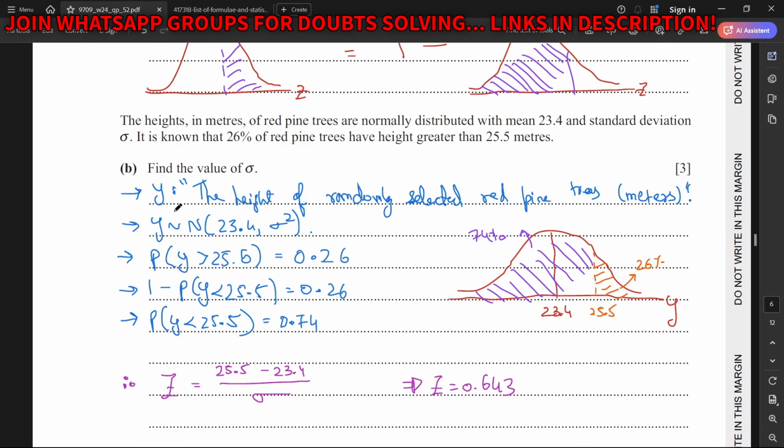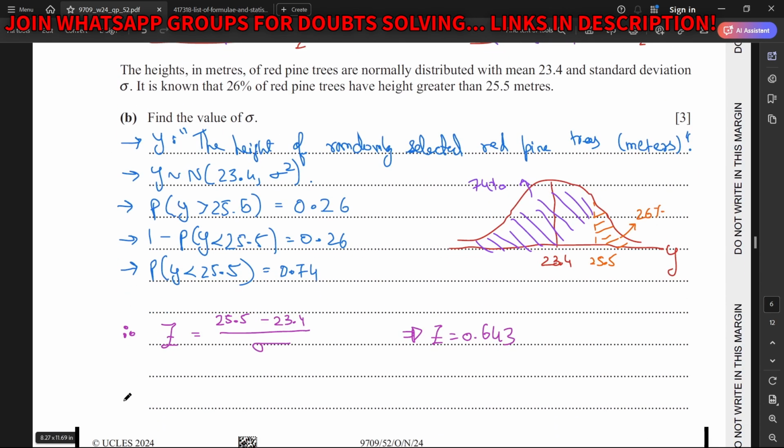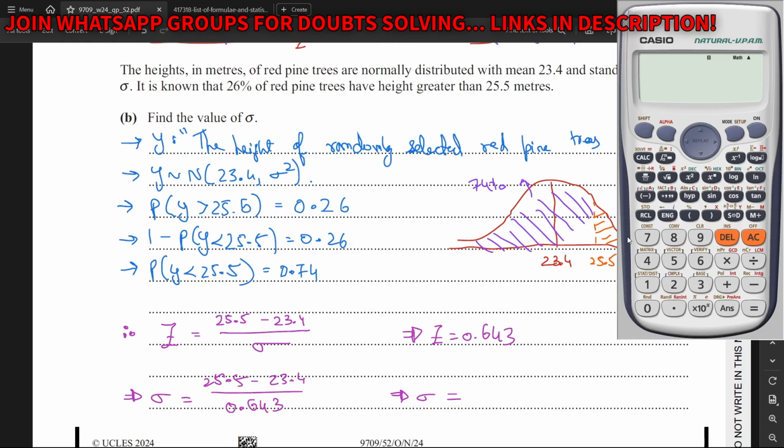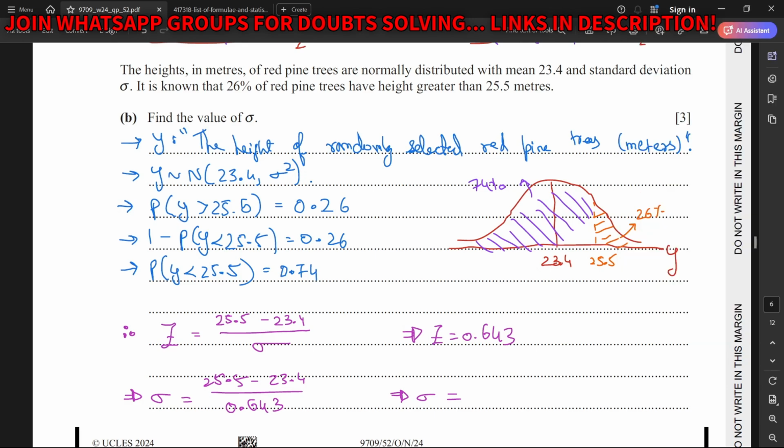Now I'll go back and state the value of sigma. Sigma will be equal to 25.5 minus 23.4 divided by 0.643, and this implies that my sigma value will come out to be 3.27.